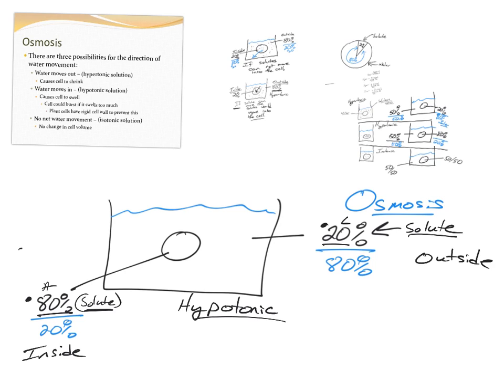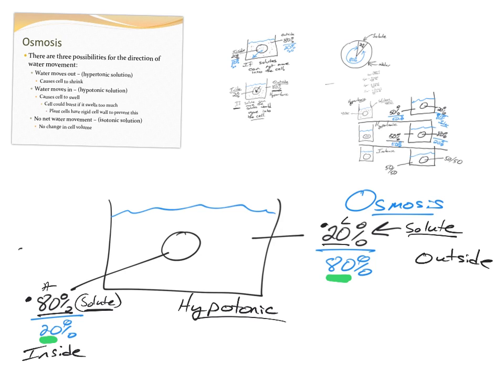But now let's say that we're talking about osmosis, so the solute cannot move. In what direction is the solvent going to move? Outside to inside. Why? Because it's higher outside than it is inside.